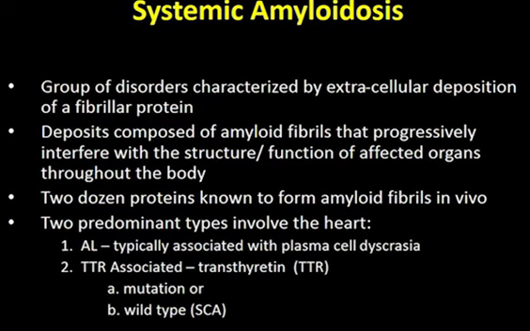But I like to joke, especially because cardiologists are not very bright, we only really need to know about two predominant proteins that form amyloid in the heart. One, which is not the focus of today's discussion, is AL, so-called light chain cardiac amyloidosis, that is associated with an underlying plasma cell dyscrasia.